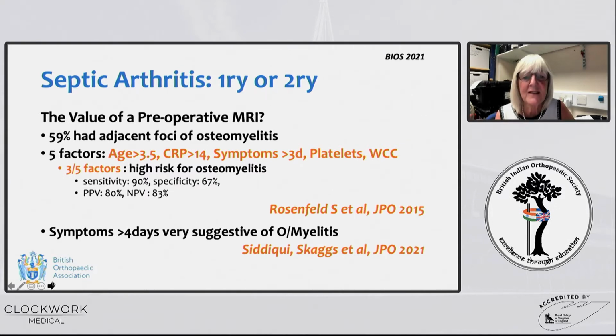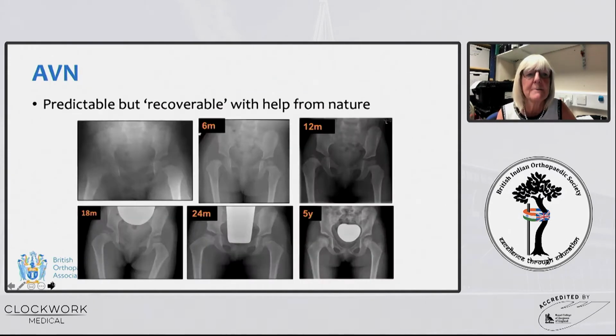So this paper suggested that you looked at 5 factors, and if you had 3 of them, there was a high risk for an osteomyelitis as the cause of your secondary septic arthritis. And the more recent paper with Dave Skaggs as an author suggests that if the child has had symptoms for more than 4 days, that would be very suggestive of osteomyelitis. So young Alice fell into that category, but actually had no osteomyelitis present.